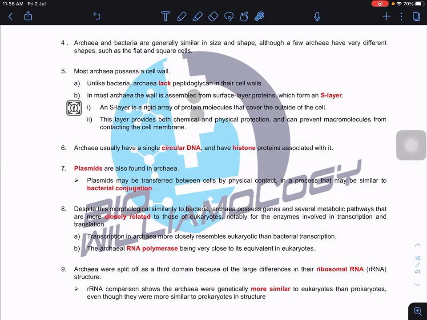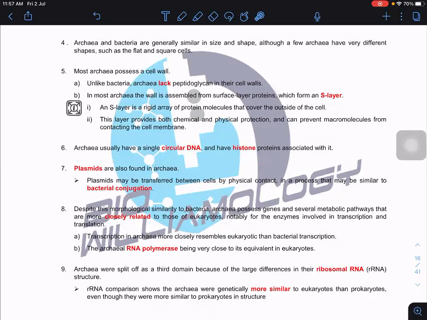Even though they have a cell wall, it is basically assembled from a surface layer protein known as S layer. Are you clear? They have an S layer cell wall rather than a peptidoglycan cell wall. This is extra information for you. If you want to name a structure, we say that they have a cell wall, but the cell wall lacks peptidoglycan.